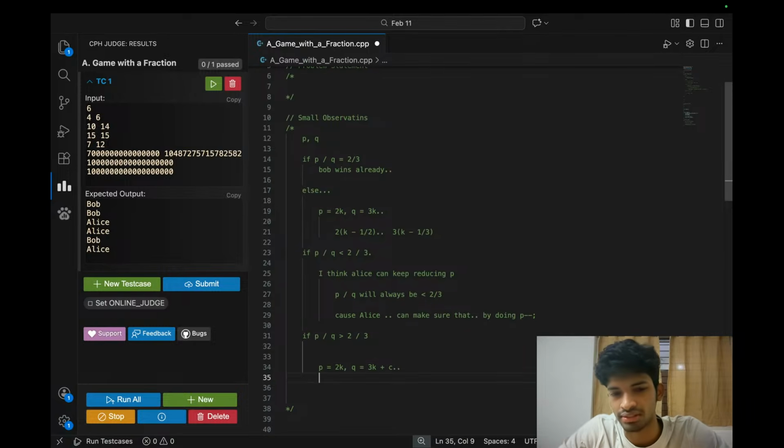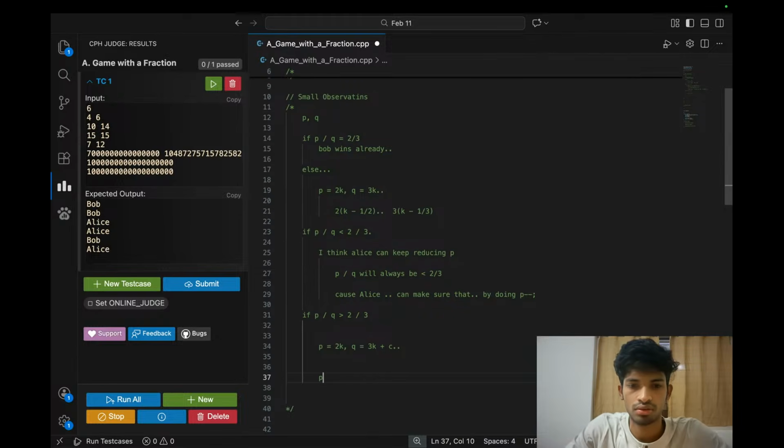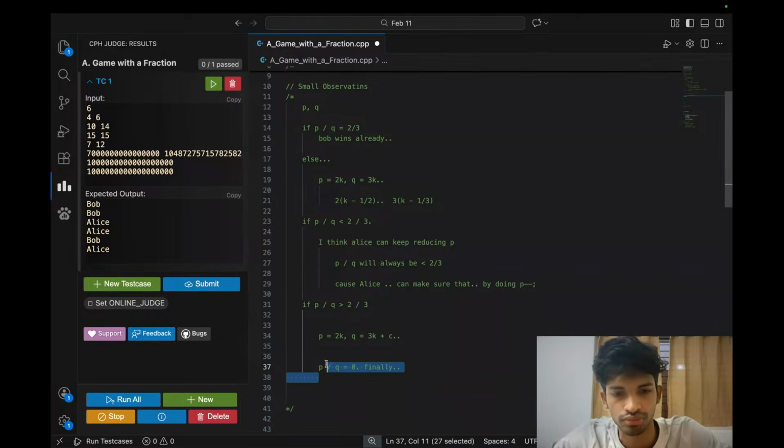Some C, let's say, okay? At each move, because P by Q is bigger, Alice would want to reduce. Finally, the P by Q value is 0, right, finally it is 0.